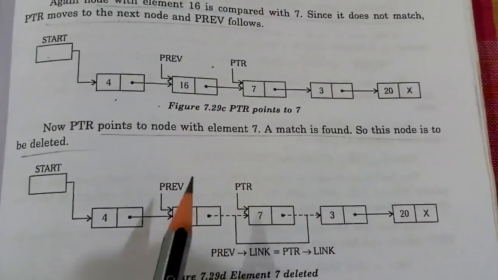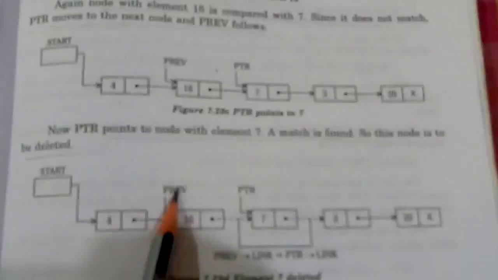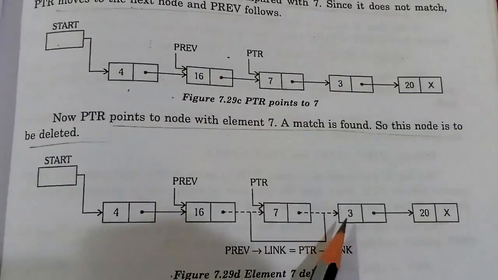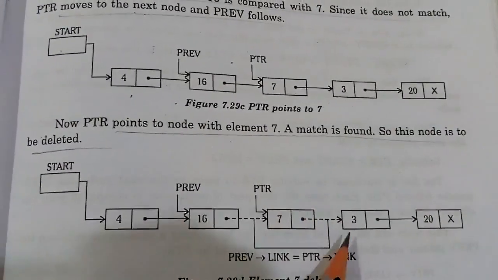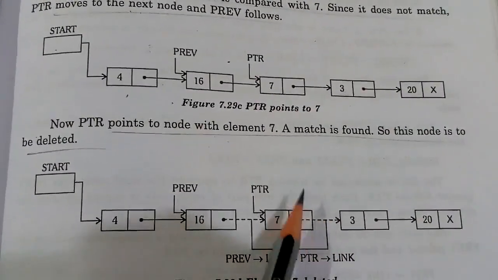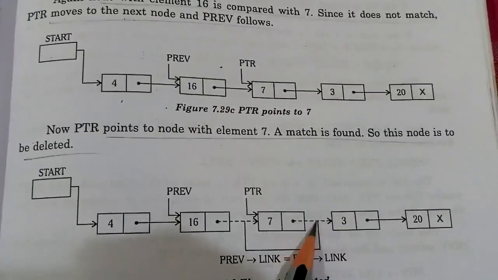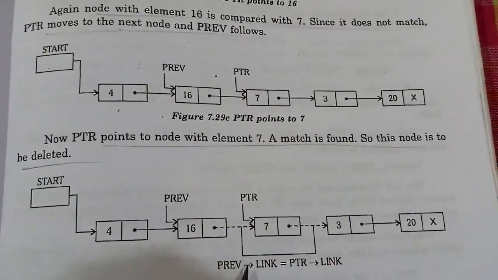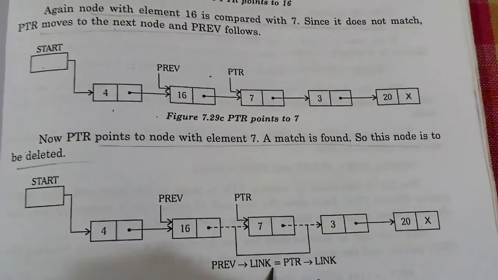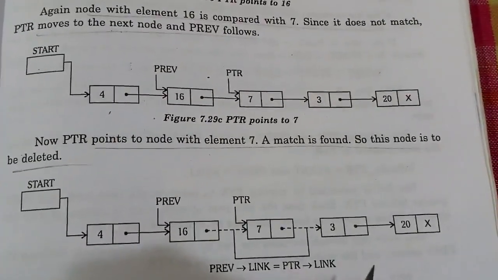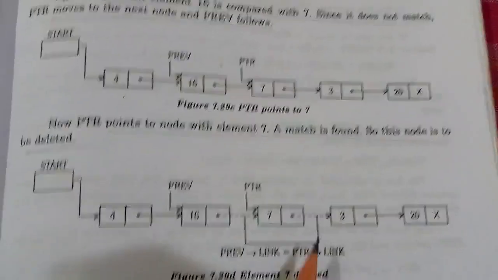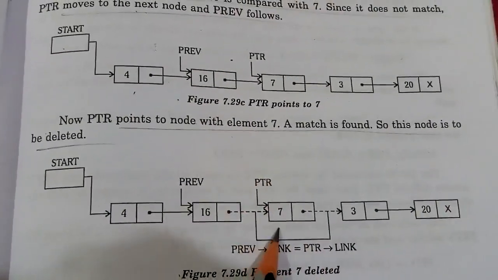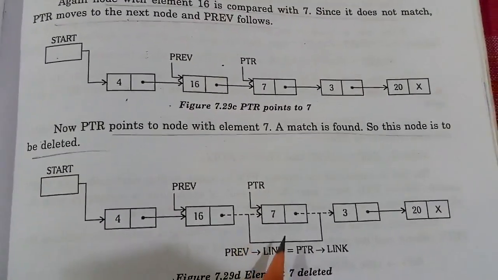Then you have to create the link between the previous and the node next to the one pointed by the ptr, using the statement previous points to link is equal to ptr points to link. Then the node pointed by the ptr is freed.